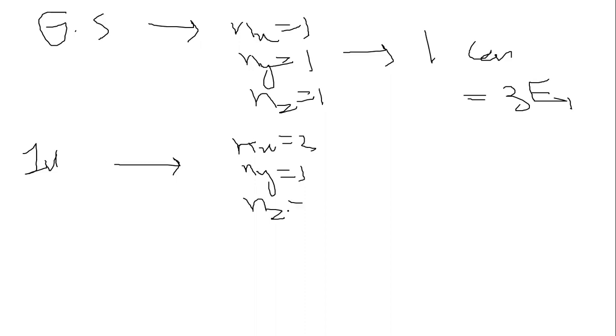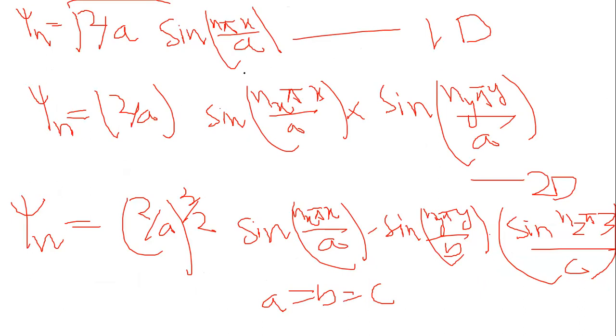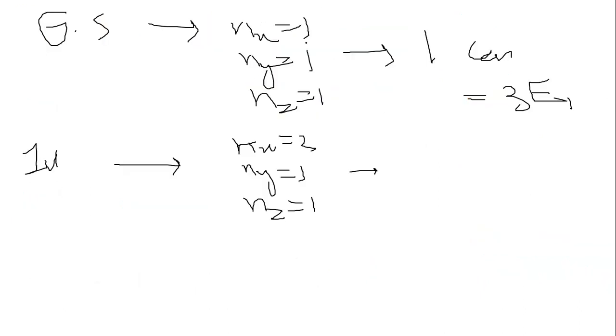In the energy expression we take nx square plus ny square plus nz square, so when nx equals 2, ny equals 1, and nz equals 1, it will be 1 square plus 1 square plus 2 square, that is 6. So it will be 6 e1.